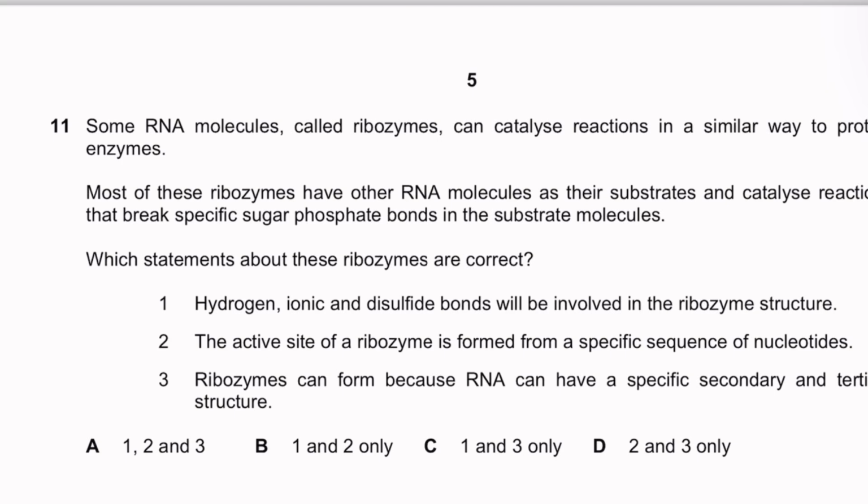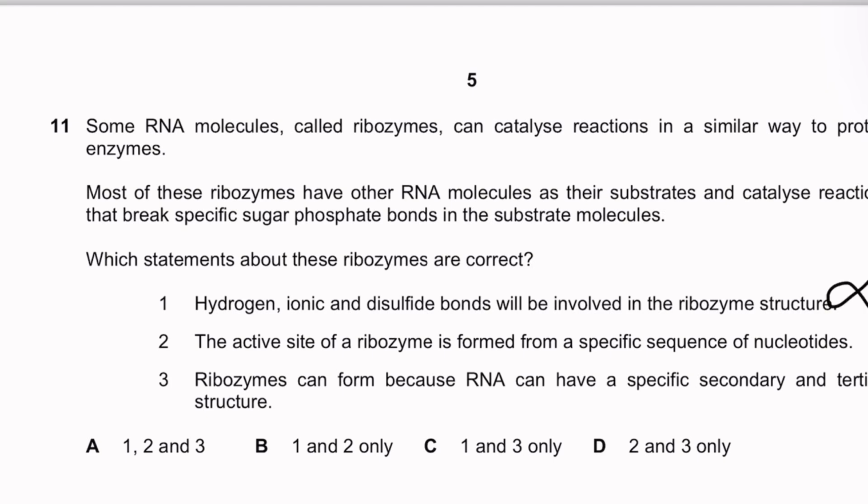Disulfide interactions only happen, as we saw in amino acids, between cysteine amino acids, which have the SH groups. They bond together to form this covalent bond. Now, nucleotides don't have any sulfur, so no, disulfide bonds are not going to form. Maybe ionic bonds and hydrogen bonds could form. However, no, these are not all involved in the ribozyme structure.